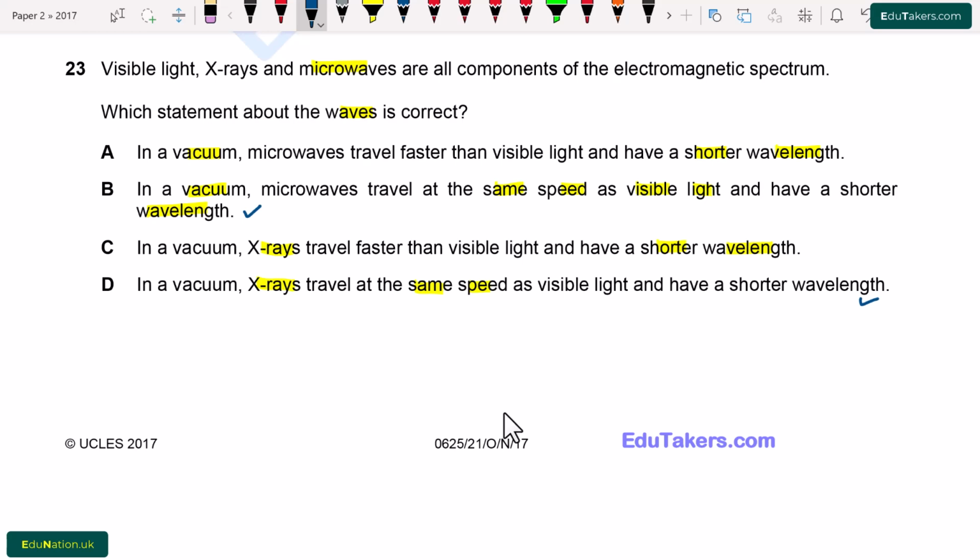Next, we also have to check the wavelength. The wavelength of the microwave is larger as compared to the visible light. So option B is incorrect. In option D, the wavelength of the X-rays is smaller as compared to the visible light. So this option is correct. From here, D is correct.